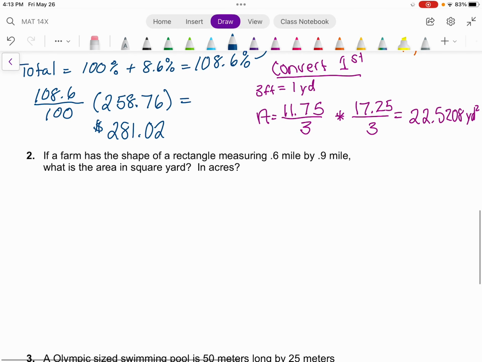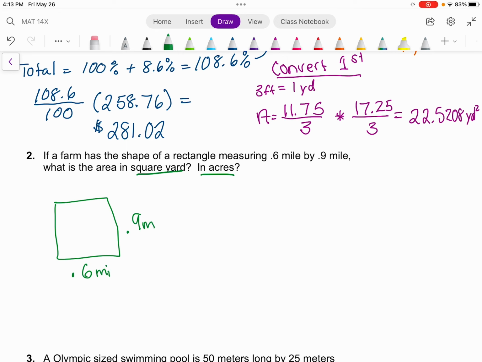Another one's a little more simple. We have some dimensions for a piece of property, and we want to find the measure of the property in square yards and in acres. So just a quick woohoo, we have 0.6 miles by 0.9 miles.